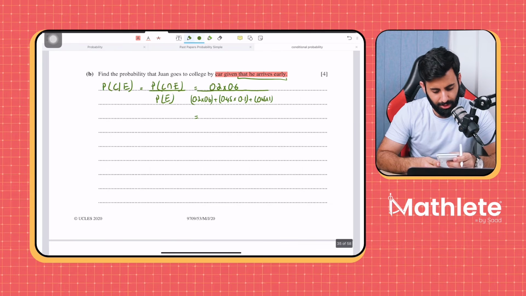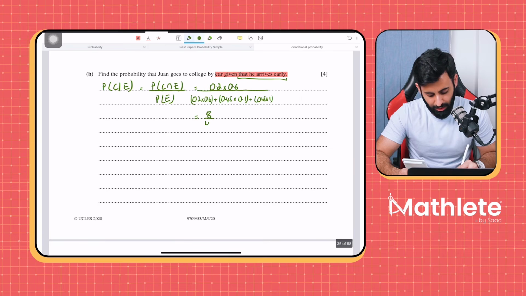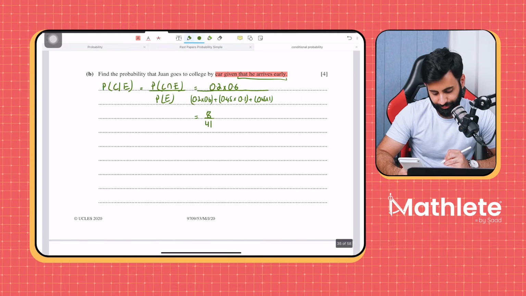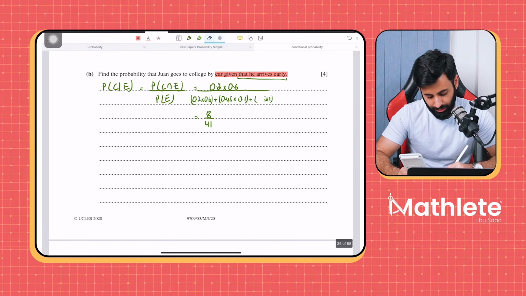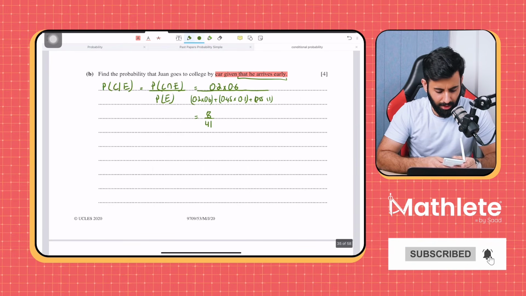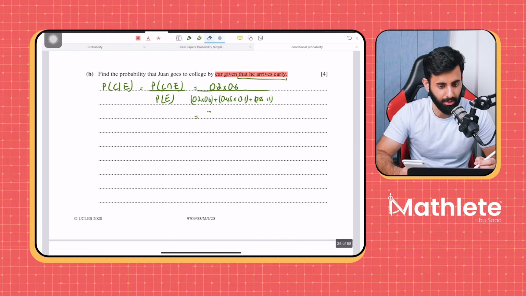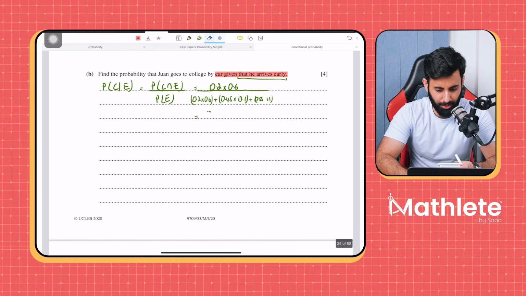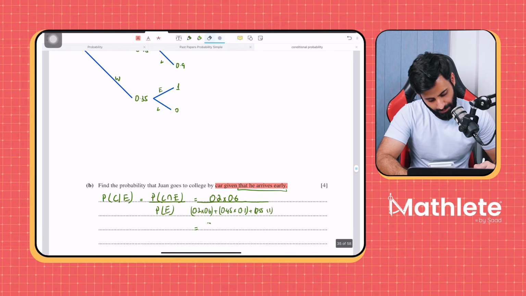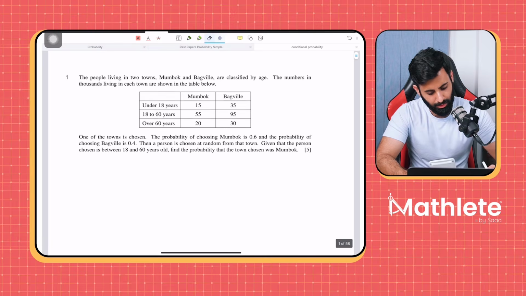Let me make sure I haven't made a calculation error. 0.2 into 0.6, 0.45 into 0.1, 0.45 into 1. I accidentally wrote 0.1. Sorry, my bad. I think I've entered it incorrectly as well. Wait a minute, let me just quickly double check. 0.45 into 0.1, plus 0.35 into 1.